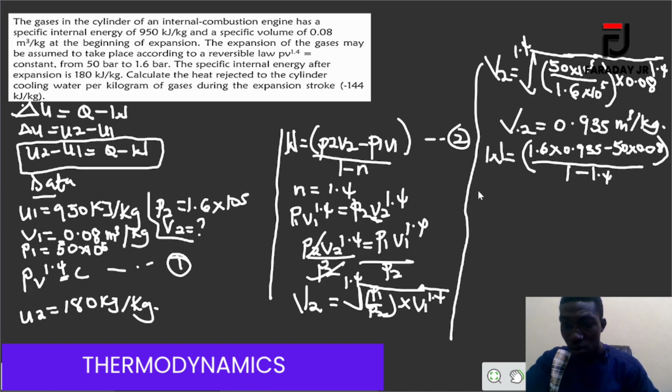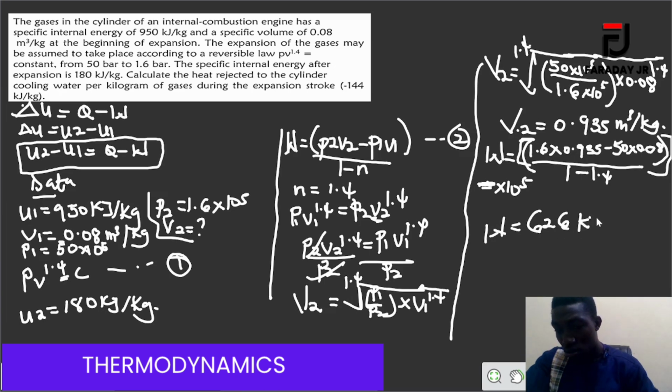Don't forget the times 10 to the power of 5 is part of this. So our W is equal to 626 kilojoules per kg.